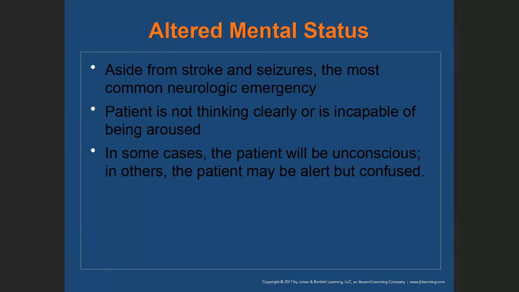And anytime you have a patient with an altered mental status, you need to find out what is considered normal for this patient and when was the last time this patient was seen behaving normally. How long has this been going on? These are important things to find out.